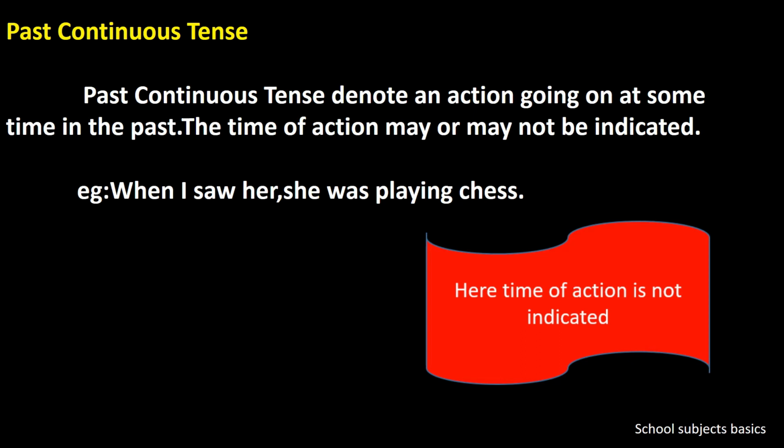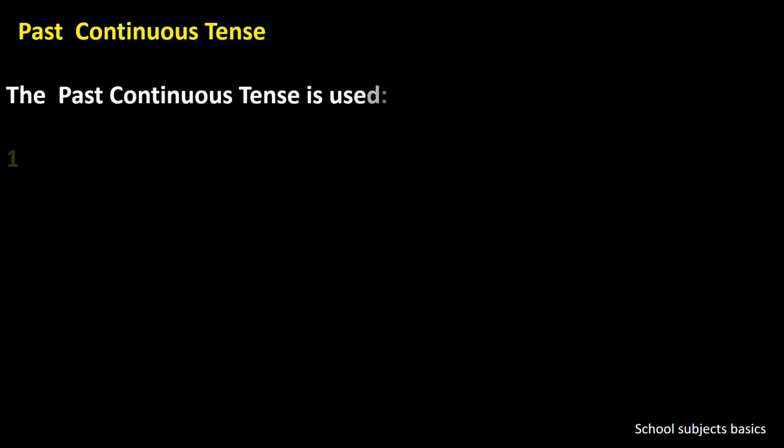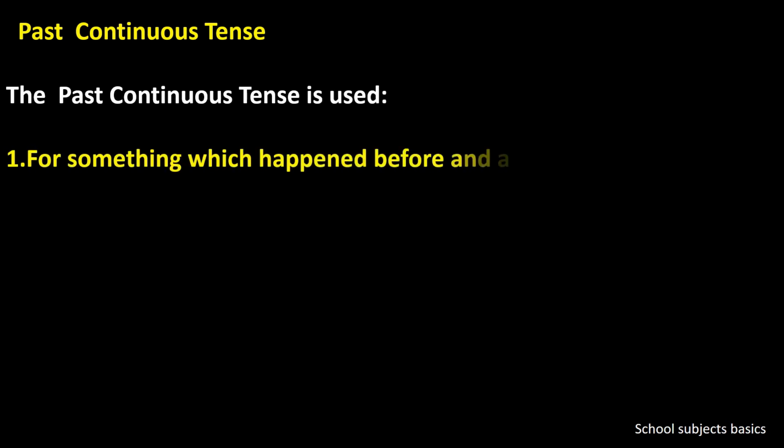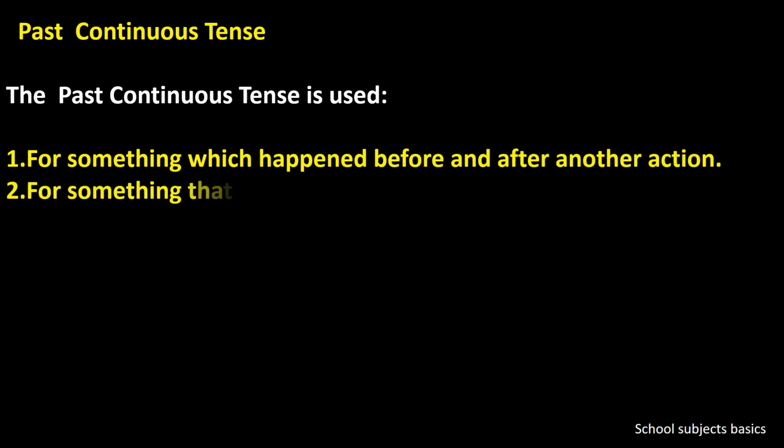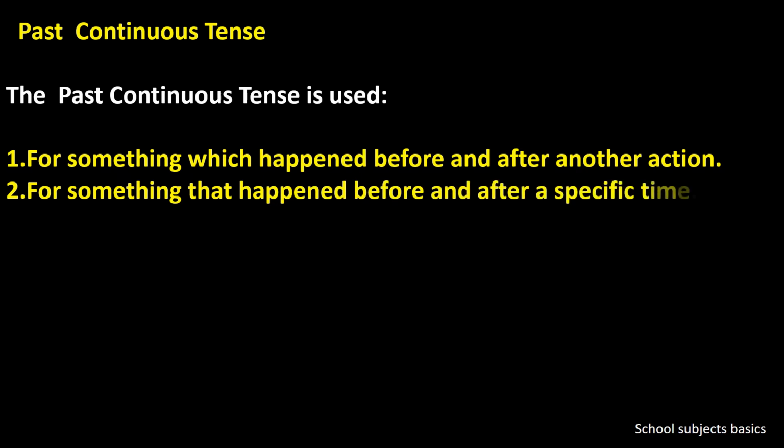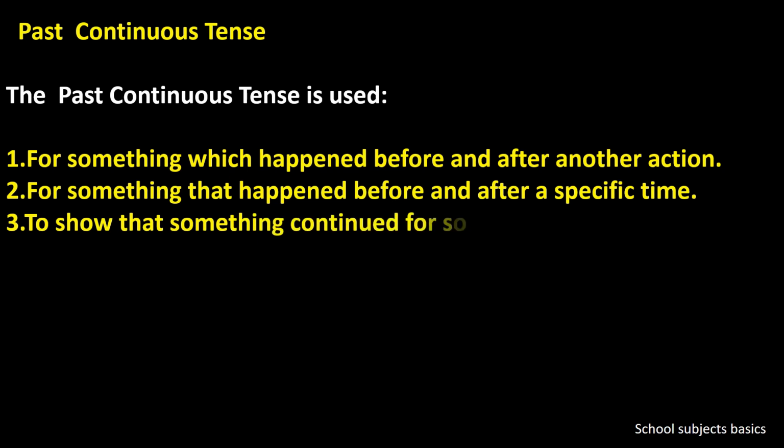Next, we can see where the past continuous tense is used. First, it is used for an action which happened before and after another action, and next for something that happened before and after a specific time, and then to denote an action that continued for some time.